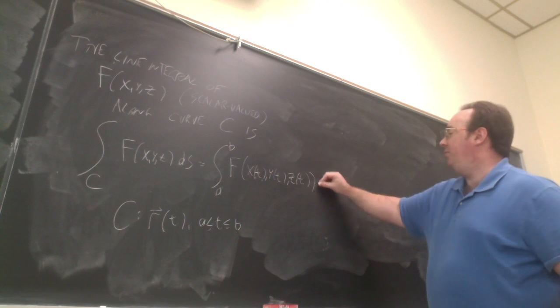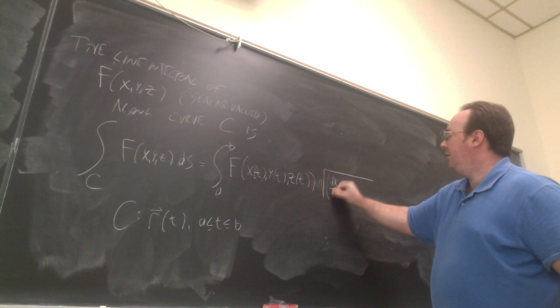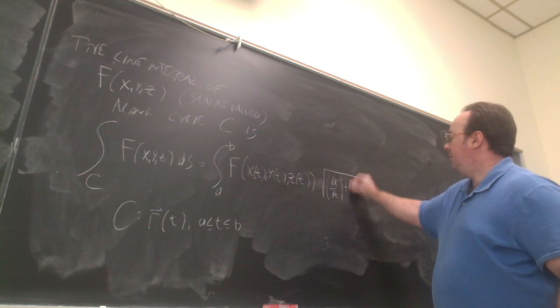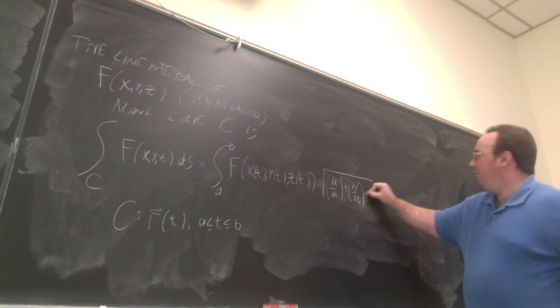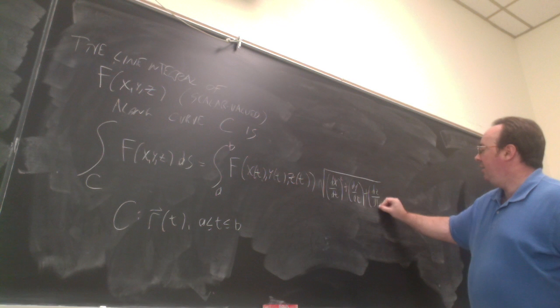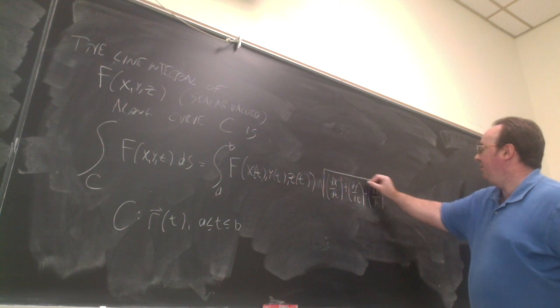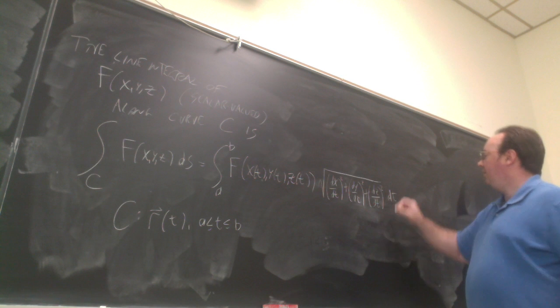And then you multiply this by the square root of the sum of squares, which is this whole square root expression here, the magnitude of your tangent vector.